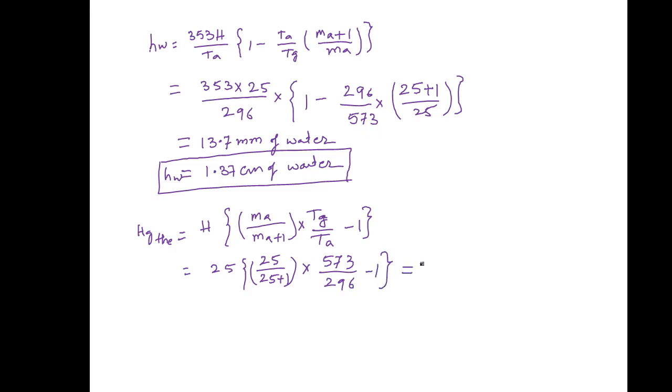On simplification we get 21.53 meters. This is the theoretical draught produced in hot gas column.